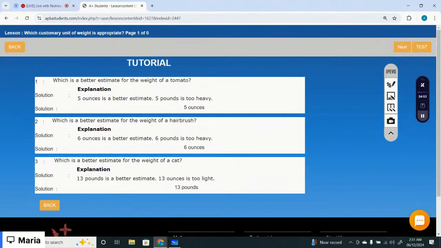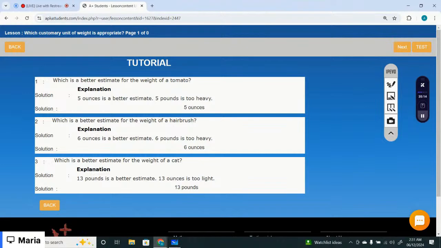So the correct option is 5 ounces because 5 pounds is too much for the weight of a tomato. Which is a better estimate for the weight of a hairbrush?